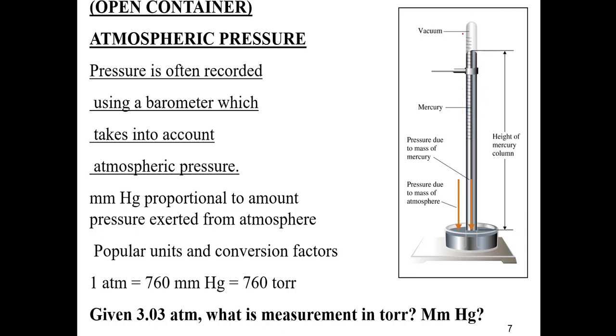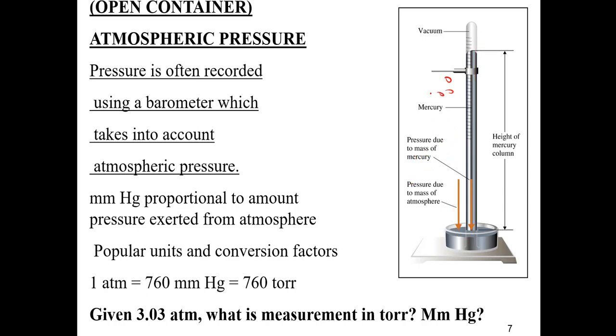and the inverted tube has no gas inside, so it's in a vacuum because there's no gas, and the outside is facing the atmosphere, the gas particles will slam down on the mercury and push the liquid mercury up the vacuum tube.